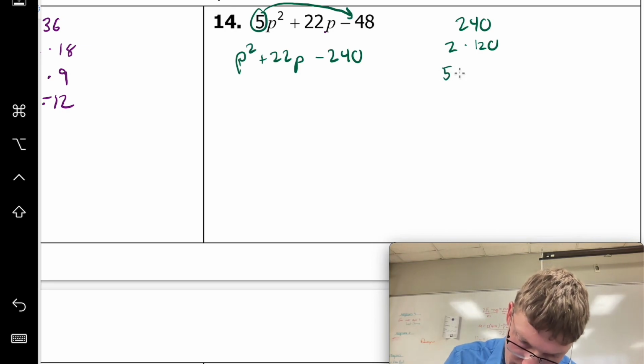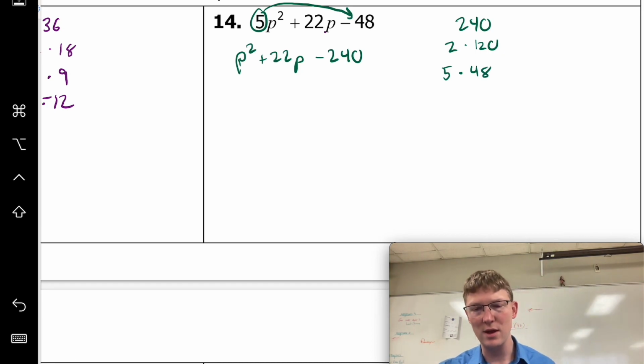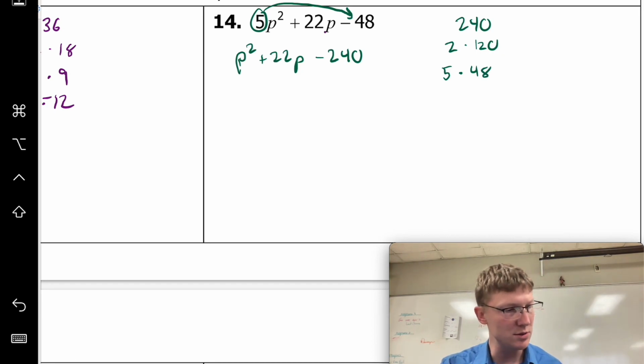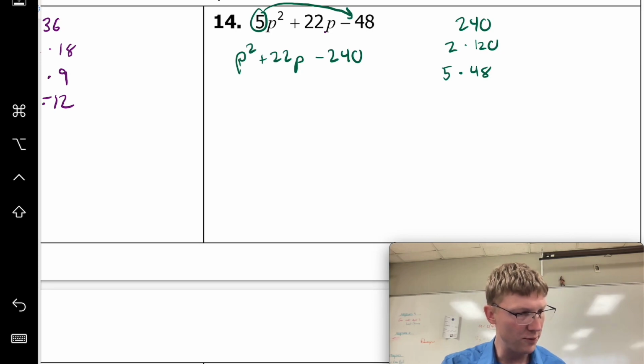If we have 5, that's going to be 48. 48 minus 5 is, again, not anywhere close to 22. So 240 divided by 6? No. 240 divided by 10, we'll just go 10. I think I went too far.